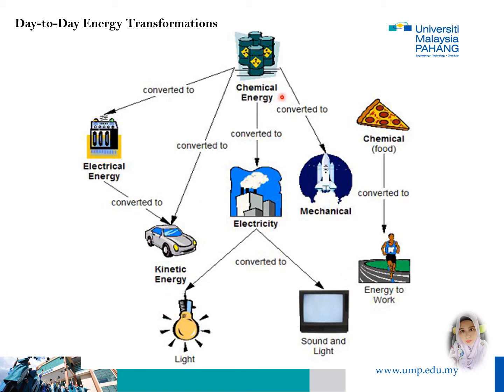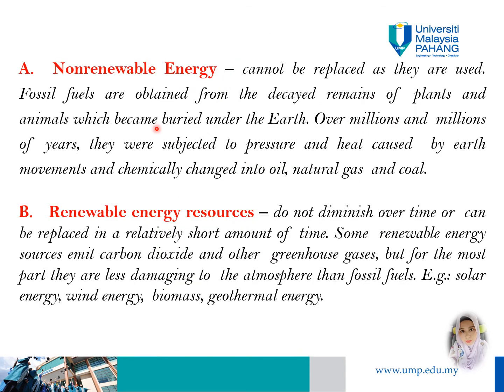Chemical energy is also converted to mechanical and electrical energy, which can cause the light and sound of the television. Food chemical energy is converted to energy to do work, so that a man can run. Energy can be divided into non-renewable and renewable energy.